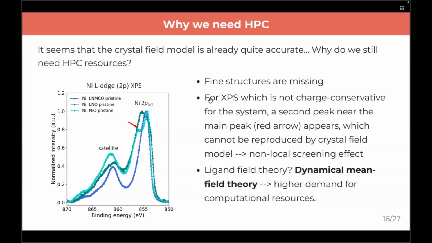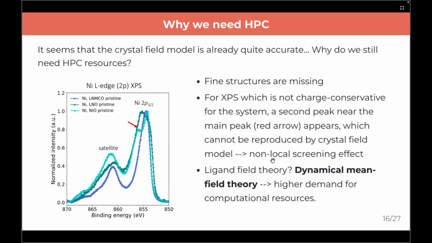In such XPS spectroscopy, you could find a second peak near the main peak. If you simply still use the crystal field model, even the ligand field model, you cannot reproduce such a feature. So this small peak is caused by the so-called non-local screening effect.